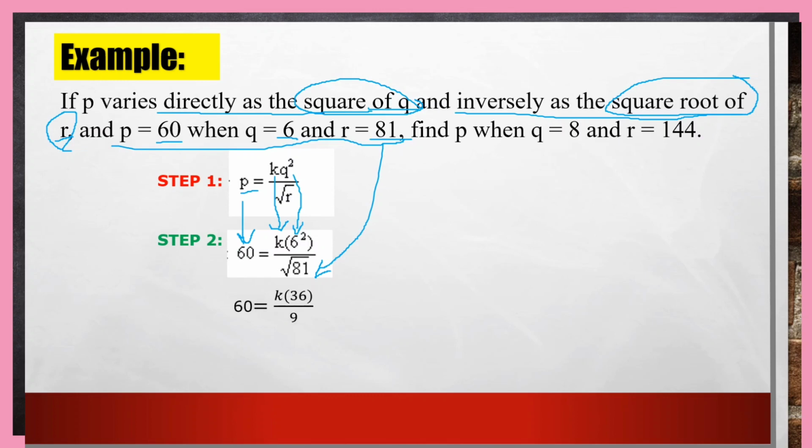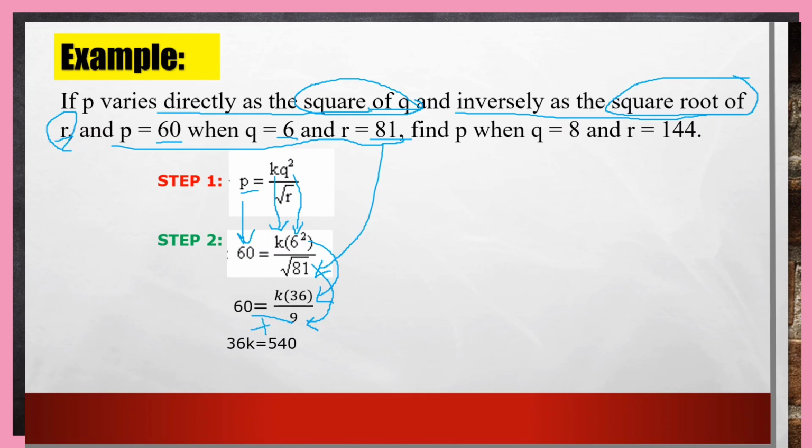Then let us simplify the result. So we write 60, then 6 squared is 36, because 6 times 6 is 36. Then square root of 81 is 9. So this is now the new equation. Again, cross multiply. So we have k times 36 is 36k, and then 60 times 9 is 540.